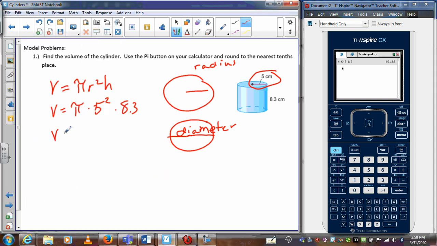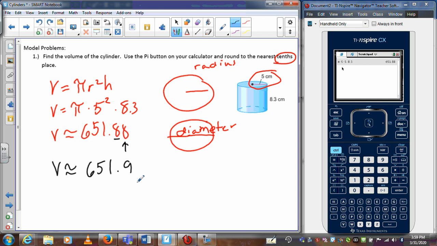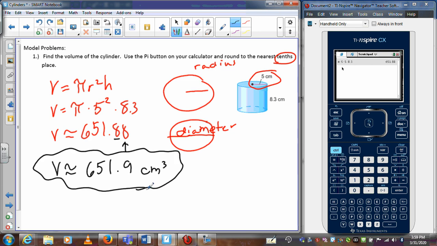Now my calculator is actually already rounding it. Now this is asking us to round to the nearest tens place. Quick lesson on rounding. Tens place, you look at the digit right after it. If it's 5 or more, raise the score. If it's 4 or less, let it rest. So this is bigger than 5, so I'm going to round that 8 up to a 9. So 651.9, now these would be cubic centimeters.